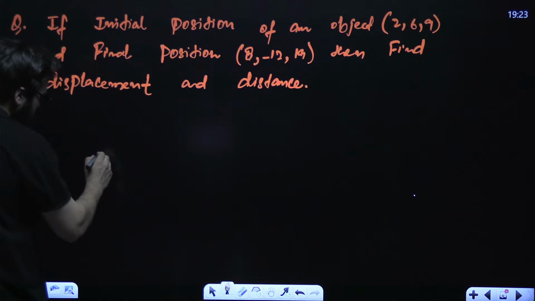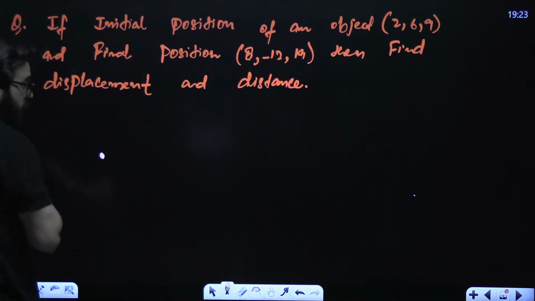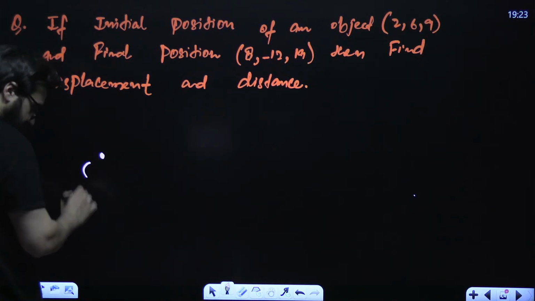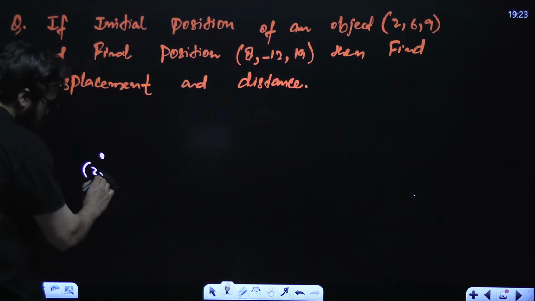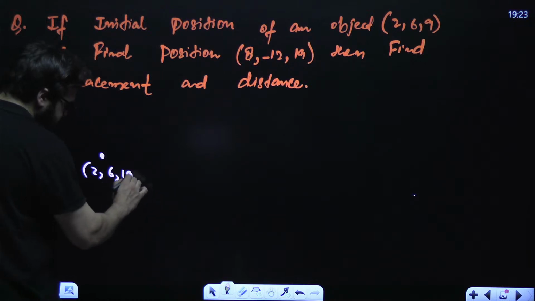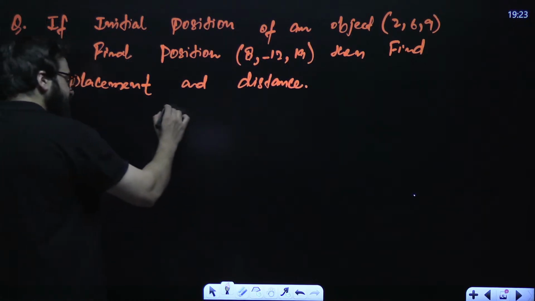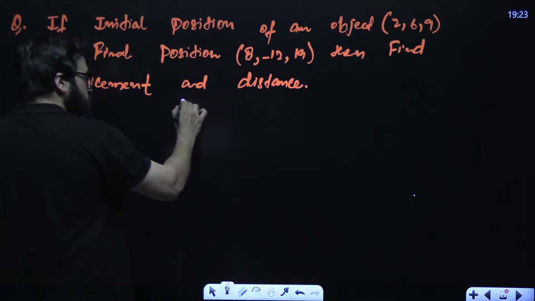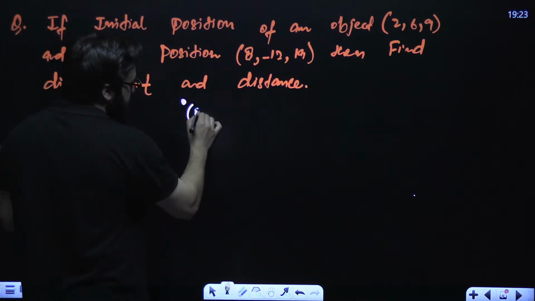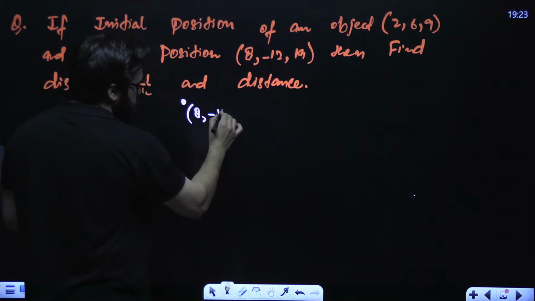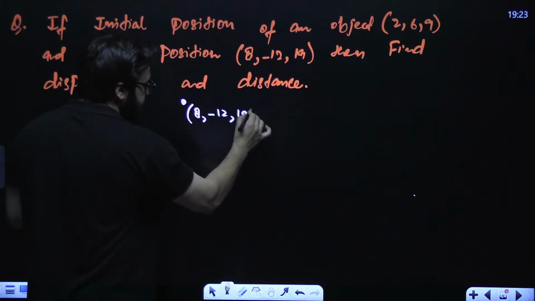There is a particle over here, and this is its initial position. Its coordinates are 2, 6, and 19. Finally, let's suppose the particle reached here, and its coordinates are 8, minus 12, and 19.